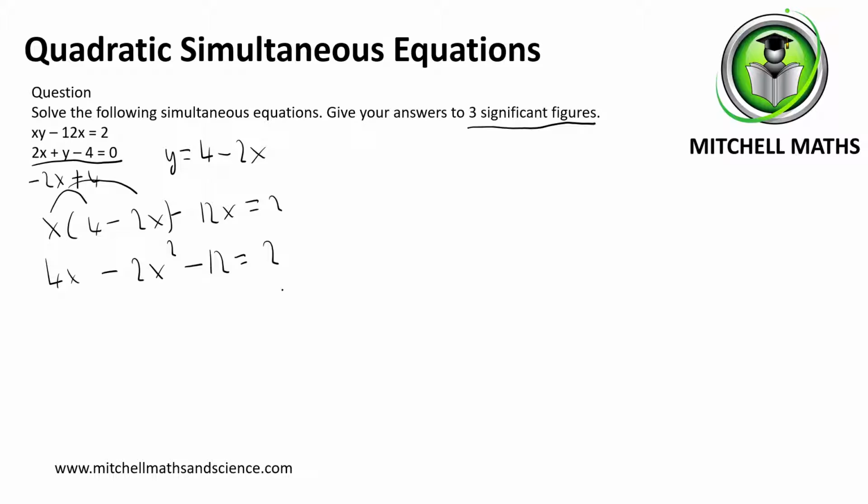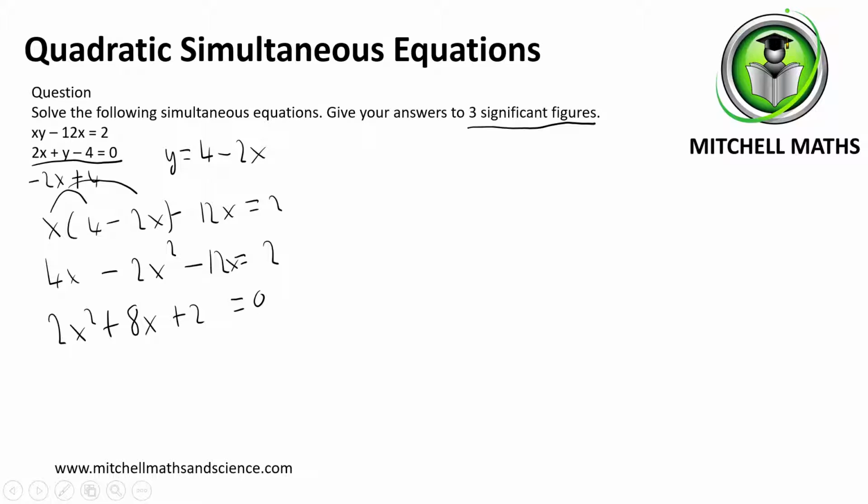I'll add 2x squared. I've got 4x minus 12x, well, 4x minus 12x is minus 8x. So if I add 8x, I'll get plus 8x. And I already have 2 there, so I'll have plus 2. And that will equal 0.